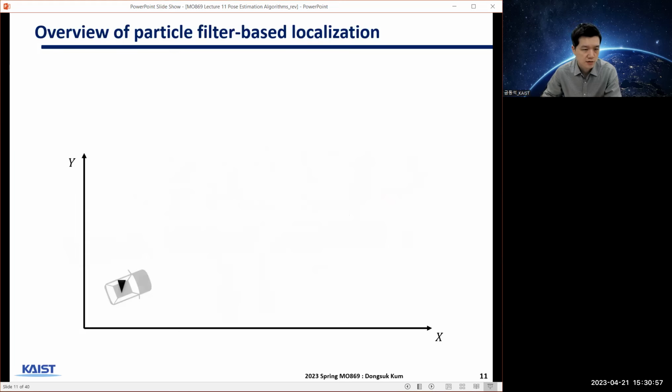So let's take a look at how this can be applied to a vehicle application, the vehicle localization problem.